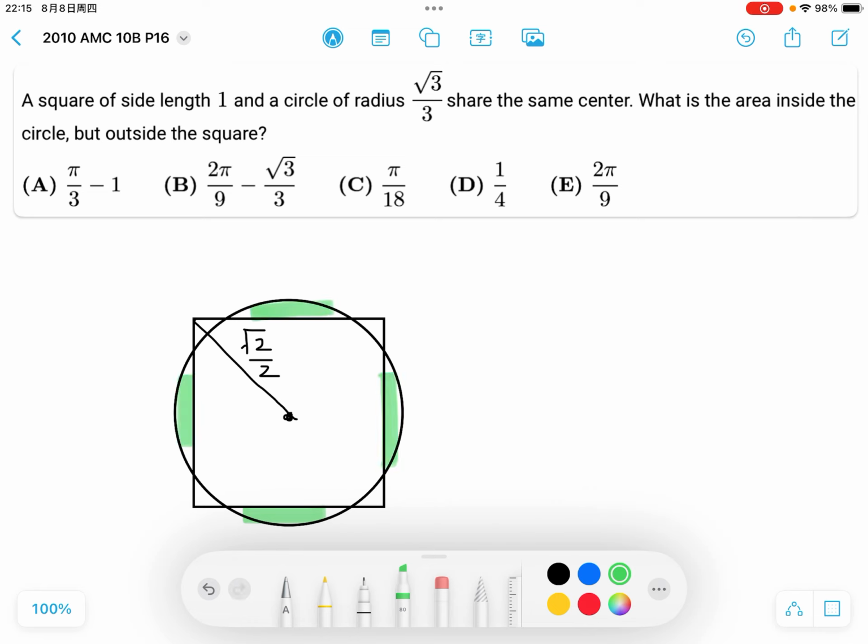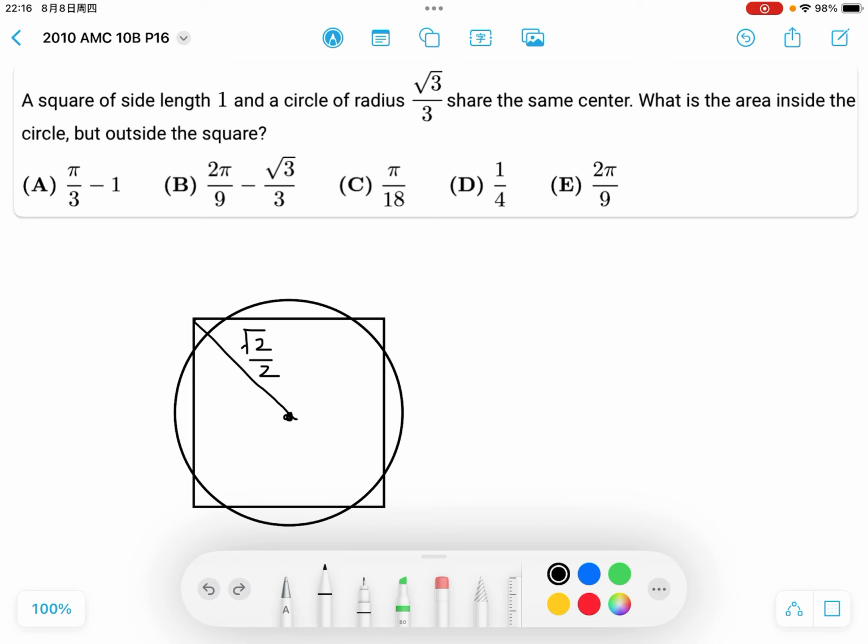We've mentioned that the graph is symmetrical because we have the same center, and it's just common sense that these areas are the same. You don't have to prove that. So we just want to find the area of one of these, and we can multiply the answer by 4. Let's find the area of this bottom section.